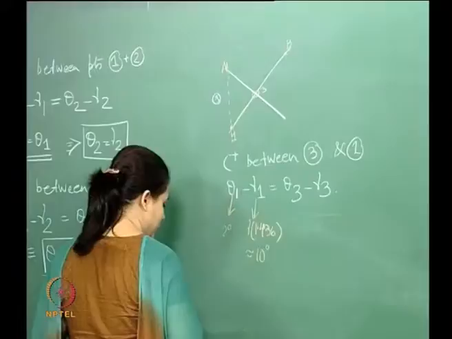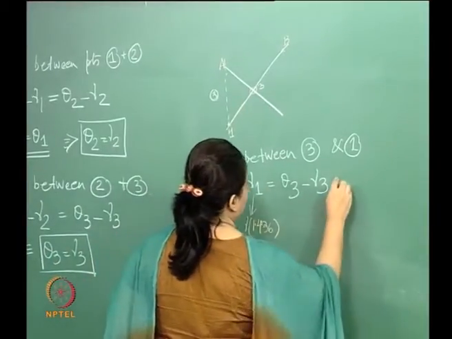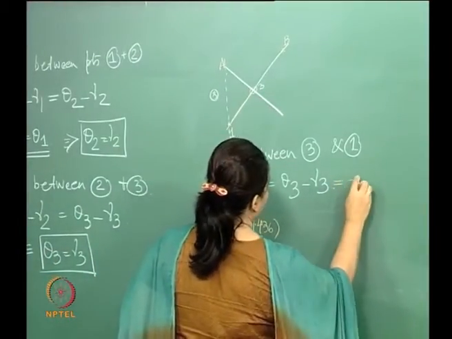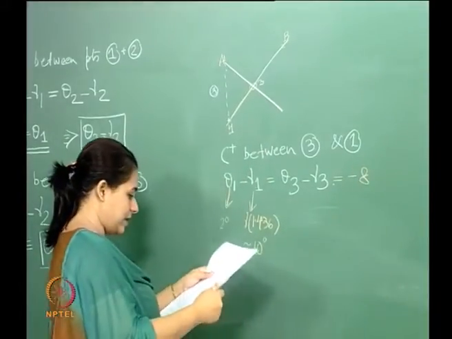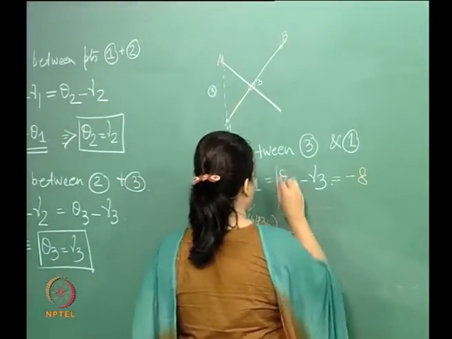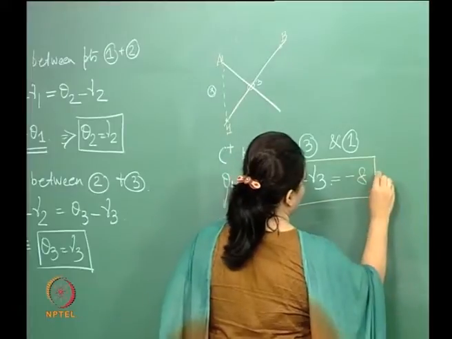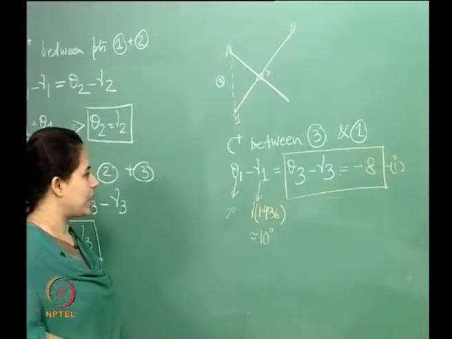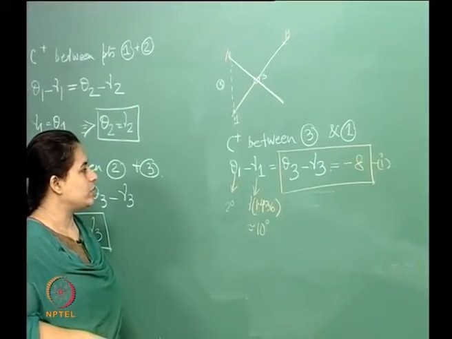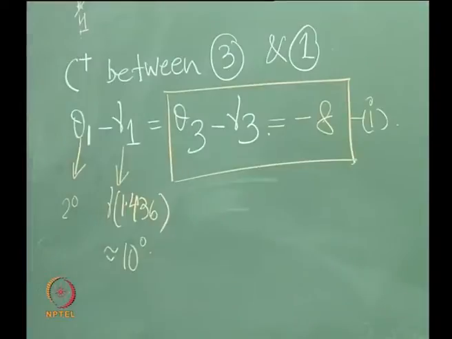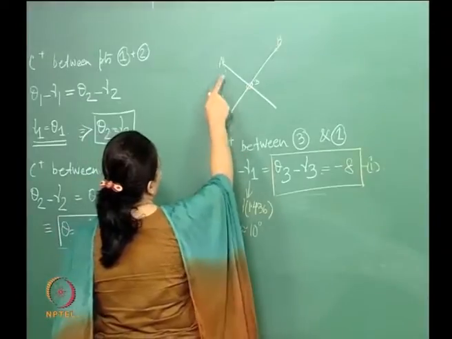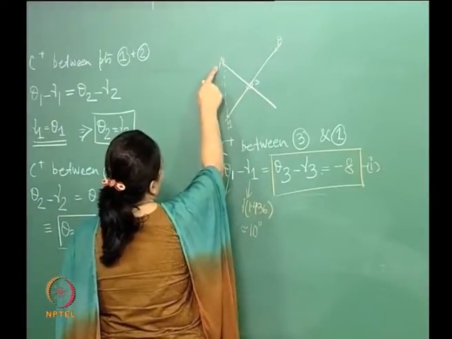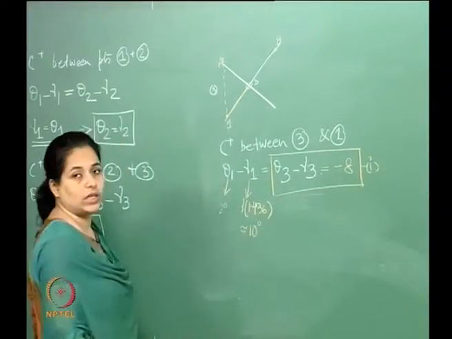is 2, which means that theta 3 minus nu 3 is equal to minus 8, right. So therefore let's just say this is one relationship that we get. So theta 3 minus nu 3 is equal to minus 8, okay. All right, so then this is it. Now next thing we will do is take a left running characteristic between A and 3, okay.